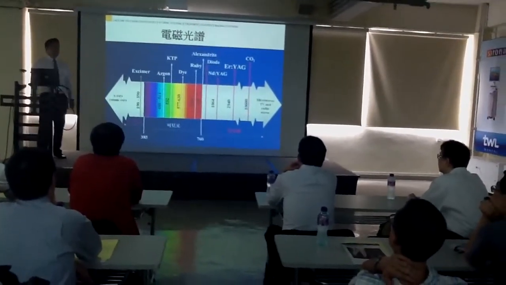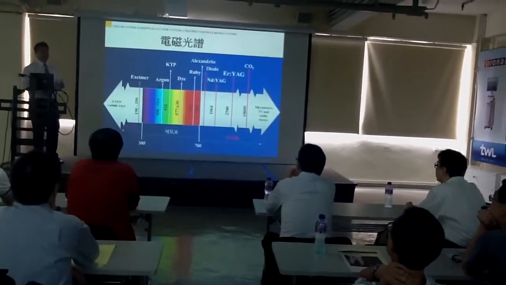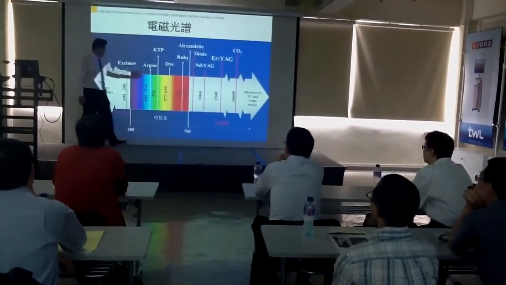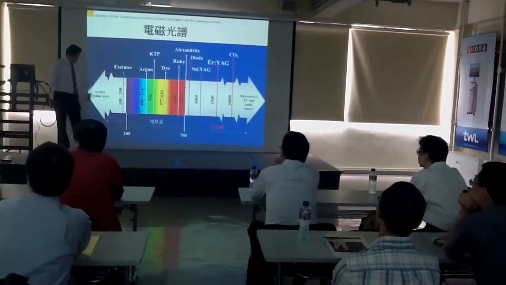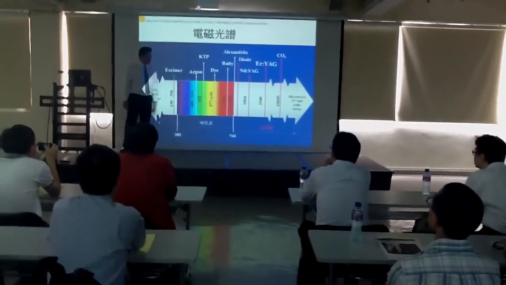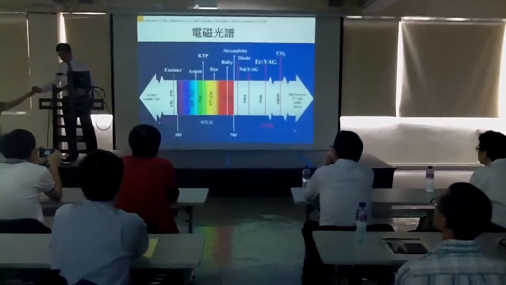So, laser is an emission, it's also a light. It is not visible. We can only see from here to here, the rainbow colors. Below it is ultraviolet, up there is infrared. Laser is always in the infrared area.